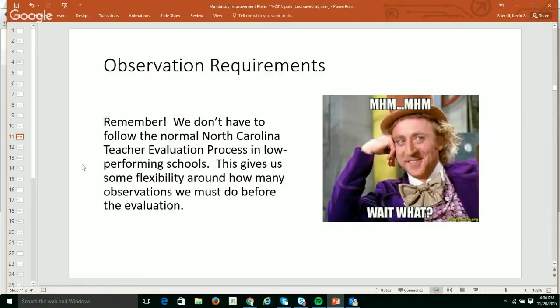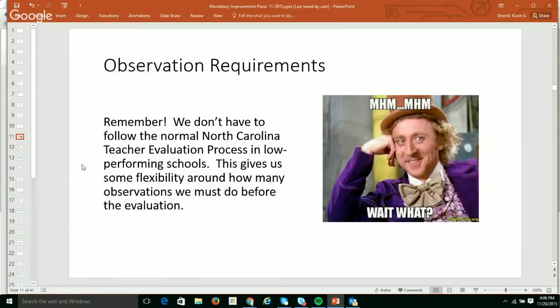So we might have to do some stuff to try to override, or we're going to ask the state to help us with the technology so that we can get an override where we need it, or to try to trick the system where we can, because we don't need to be doing 4 evaluations on everybody, or 4 observations on everybody before we get to an evaluation.